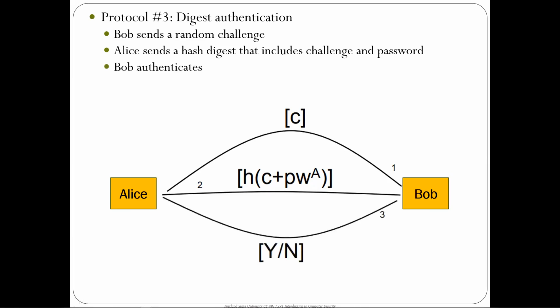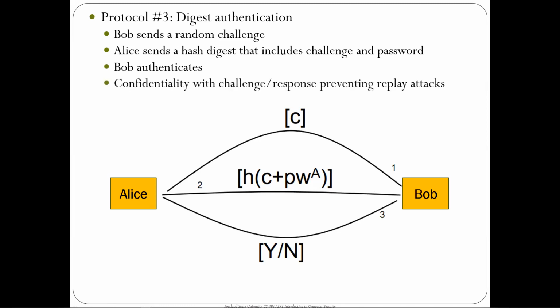And then Bob can verify, because Bob remembers the challenge that he sent, has Alice's original password, and can regenerate this hash. Now, the adversary, even though the adversary sees the challenge, because they don't have the password, can't regenerate this hash, and then they can't do a replay attack on you.